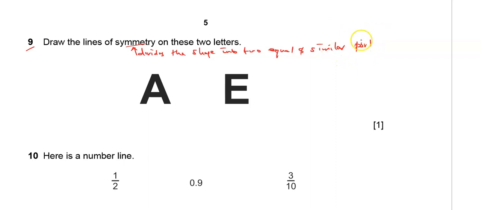We use the word parts. Two equal and similar parts. So the line of symmetry for capital letter A is right there. That is the line of symmetry. For capital letter E, the line of symmetry is through there.